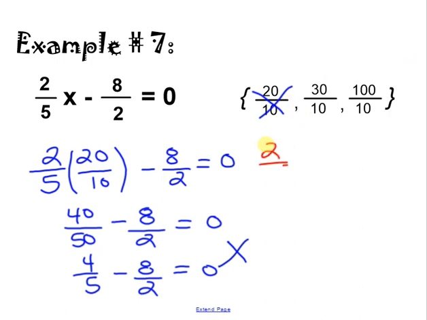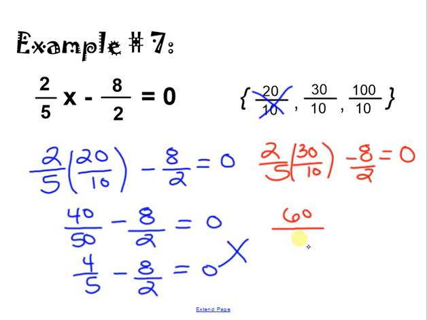So, I have 2 over 5 times 30 over 10 minus 8 over 2 equals 0. So up here, I have 2 times 30 is 60. And then I have 5 times 10 is 50.